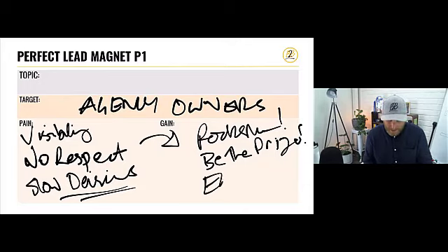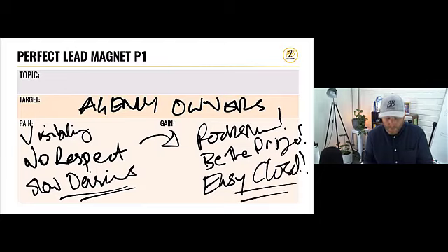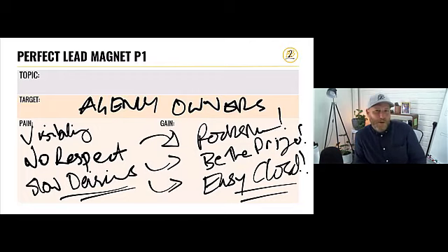It's easy sales, easy close. It's the inverse of those sorts of things. I don't think business owners do this enough. They're so obsessed and focused on what it is that they want to promote that they don't take a step back.